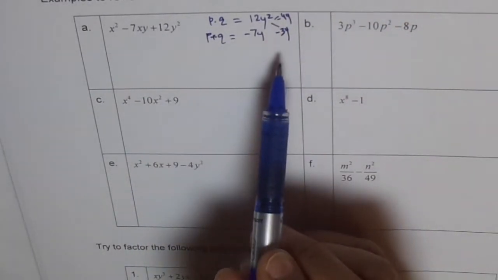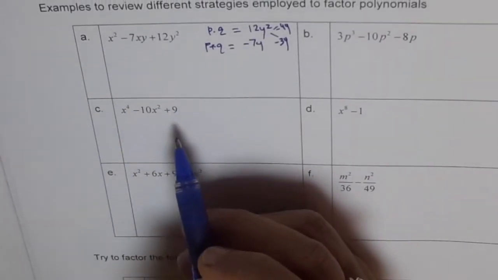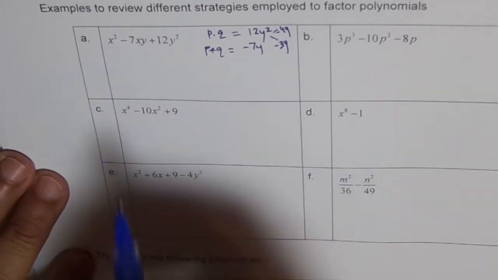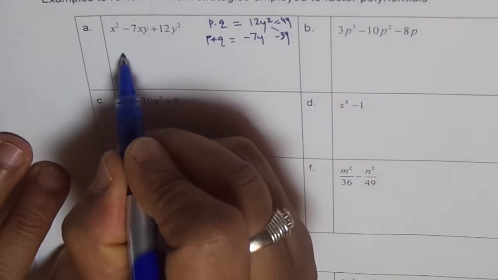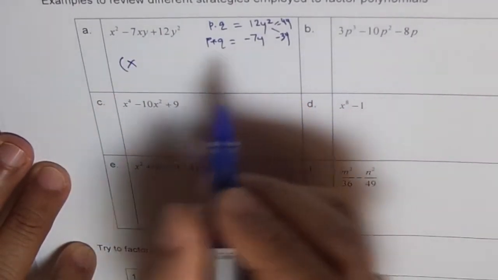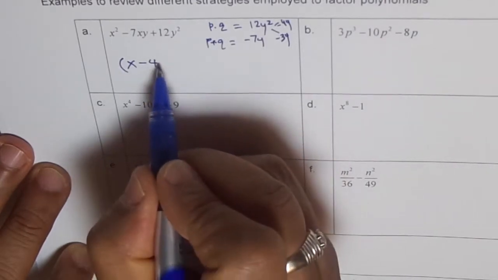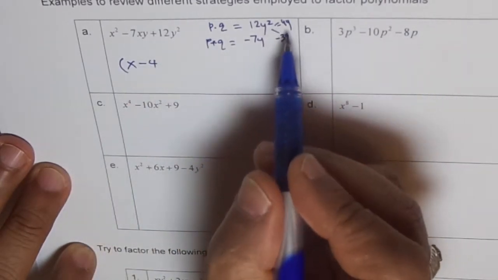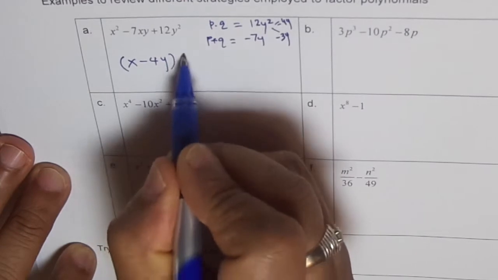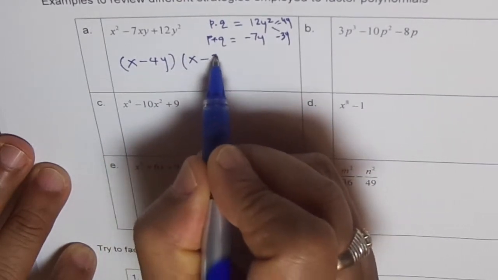And when you add them, you get the middle term, correct? So that's how it is. And therefore, this will factor to x minus 4y, is it okay? Because these are the two terms, minus, right? Times x minus 3y.